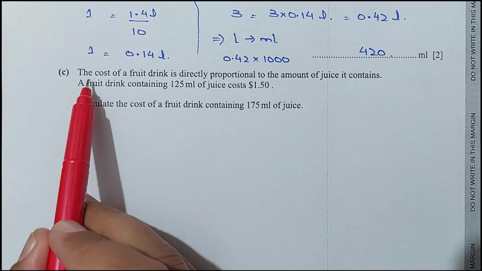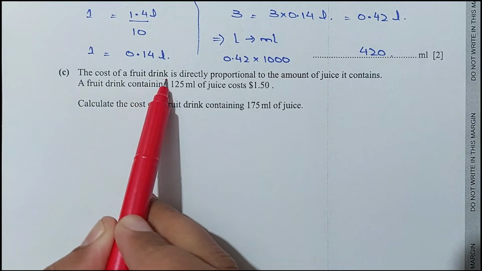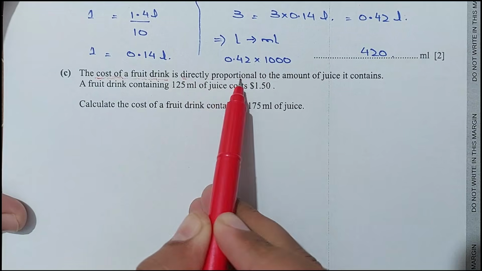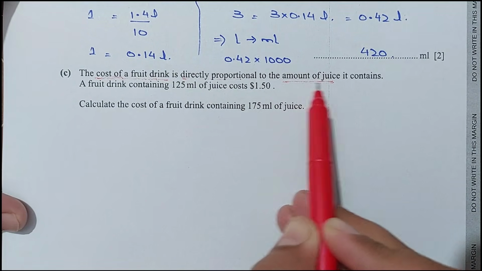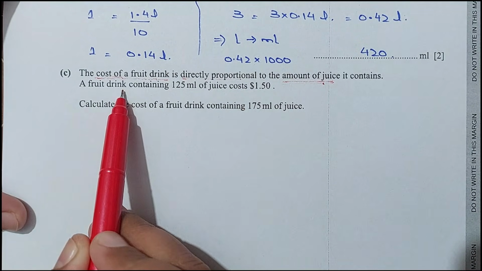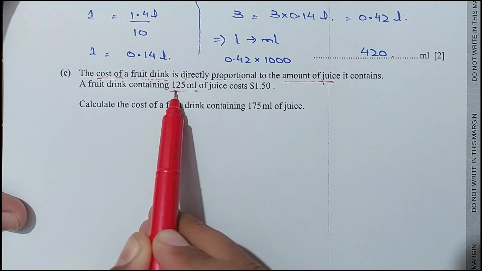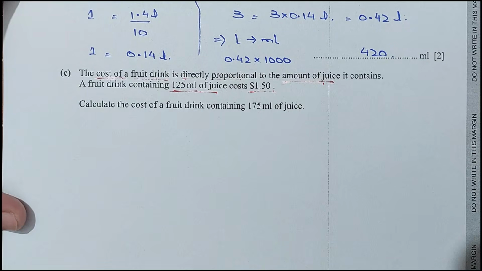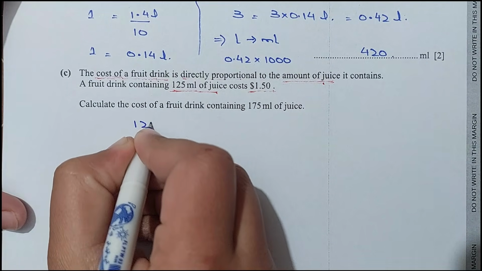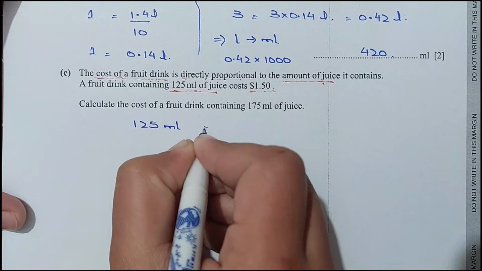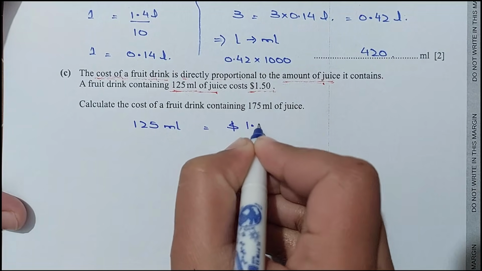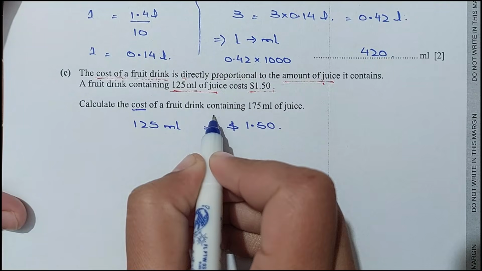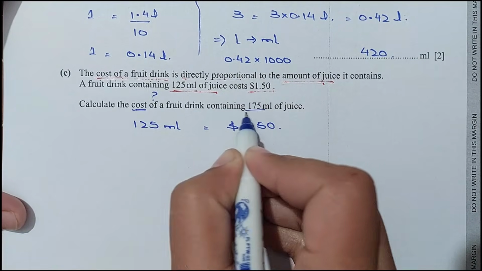The cost of that drink is directly proportional to the amount of juice we are using in that drink. So when the juice is 125 milliliters, the cost is $1.50. We have to find the cost when it contains 175 milliliters.